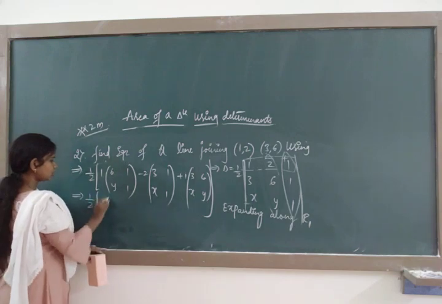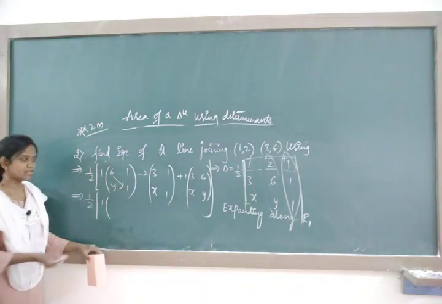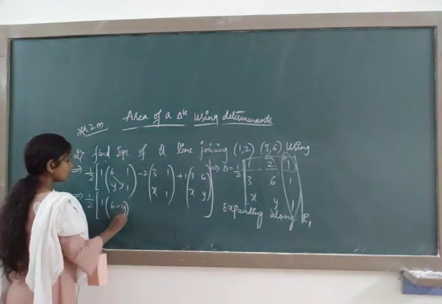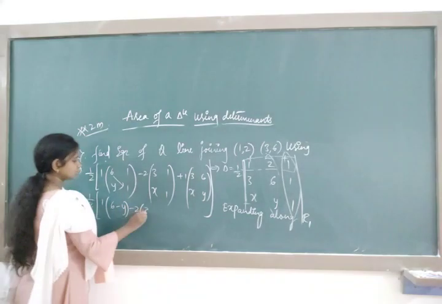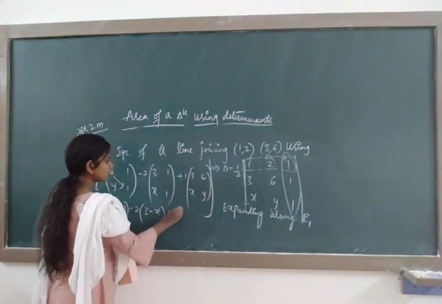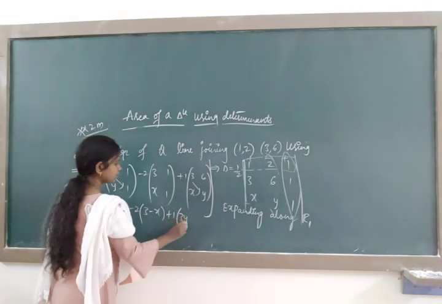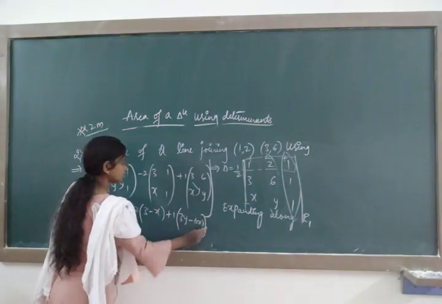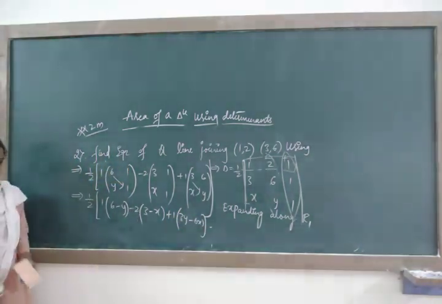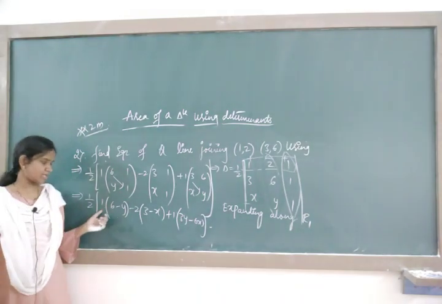It's 1 by 2, 1 of, multiply the primary diagonal, 6 minus y, minus 2 of 3 minus x, plus 1 of 3y minus 6x. As in the previous problems, we multiply the values inside.